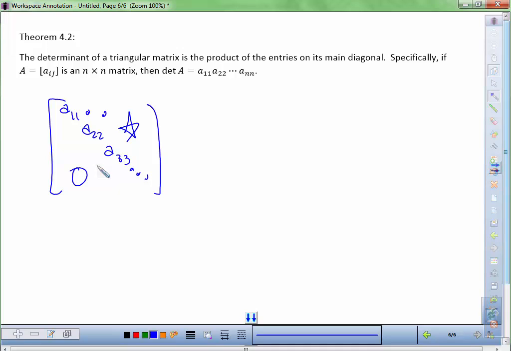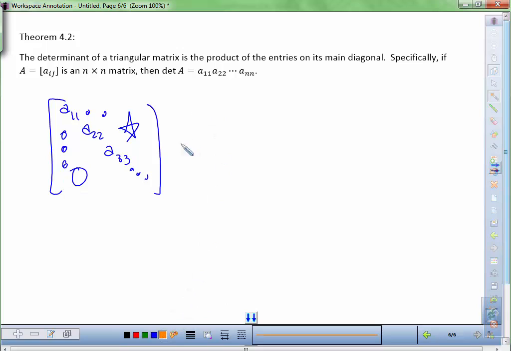We can imagine expanding along the first column. That would be the easiest probably, right? Because here you have a bunch of zeros. So if we expand along the first column by Laplace's theorem, we can get the determinant that way.